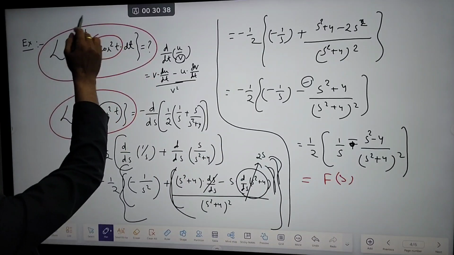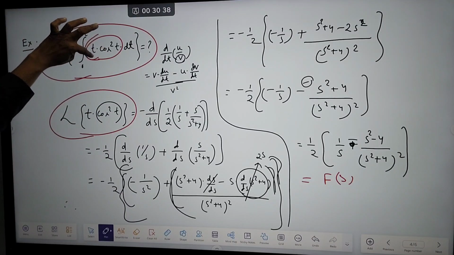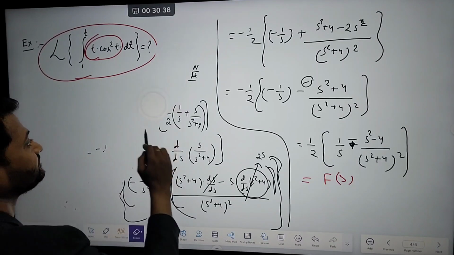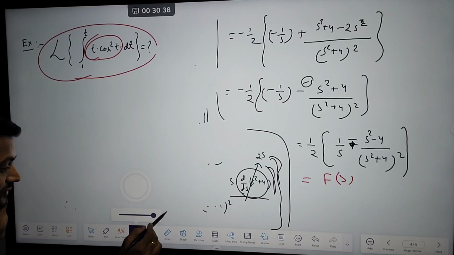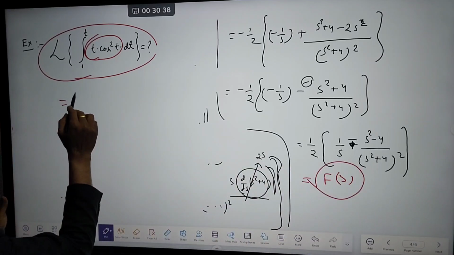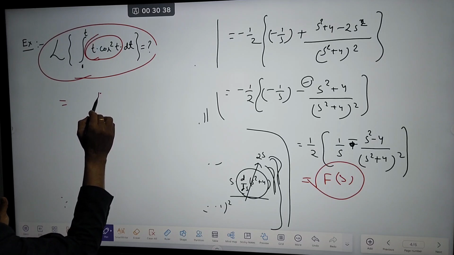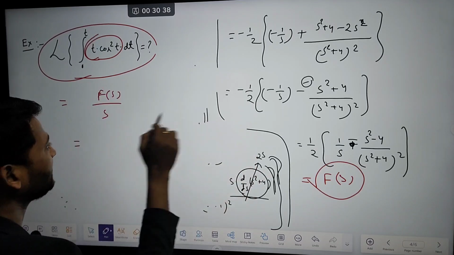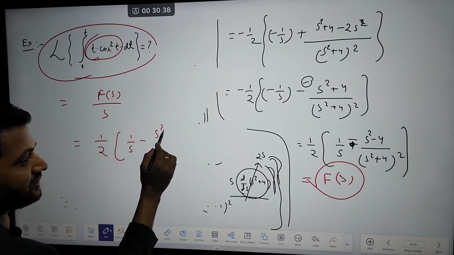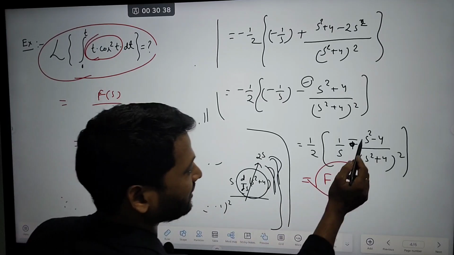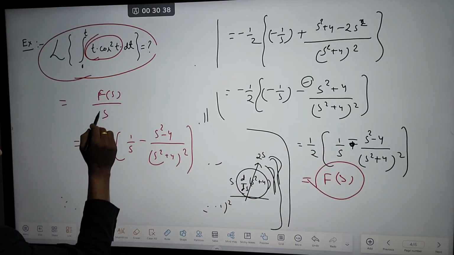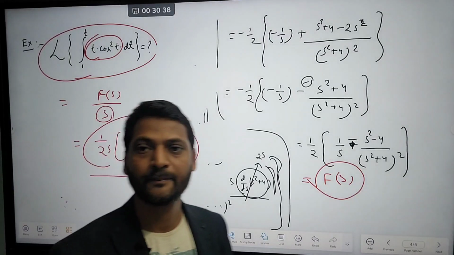But we'll find out Laplace of integration from t0 to t of t into cos square t dt, then what will your final answer be? Here I'm writing, just a minute, okay, here I'm writing, this F(s) you got, how much F(s) did you get, your answer is F(s) by s, meaning whatever F(s) you got, divide by s. What F(s) did you get? 1/2 whole into 1/s minus s squared minus 4 by s squared plus 4 whole squared. See, you calculate this, then divide s, this is your final answer, okay.